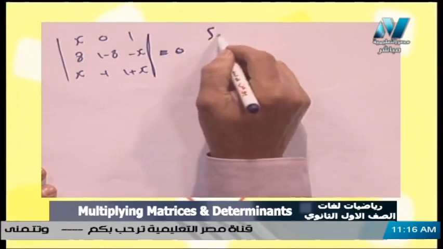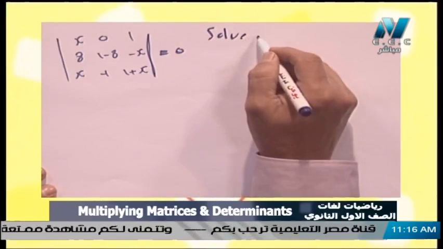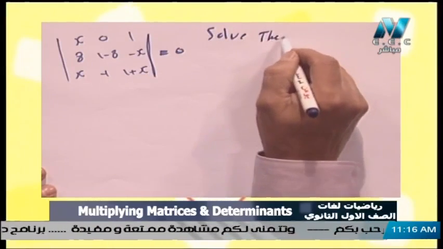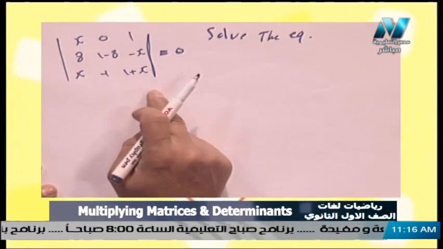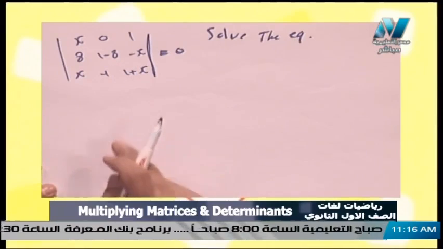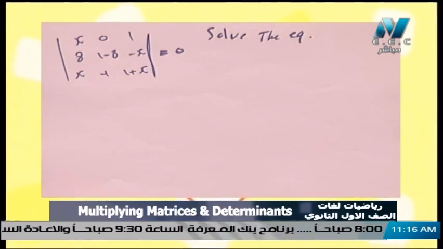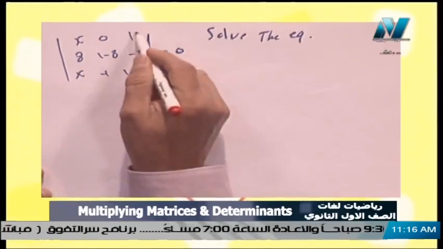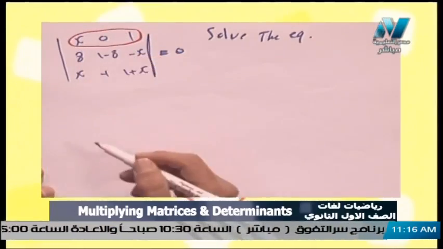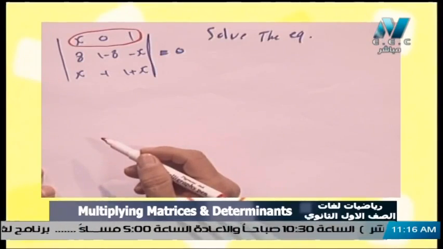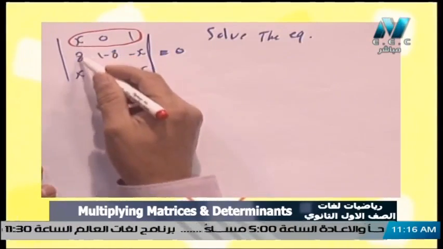The request is to solve the equation. Solving the equation is to find the value of x. We have to find the value of this determinant, and we will choose the first row. It's easier because we have 0 here. We'll cancel the middle term. x here multiplied by what?